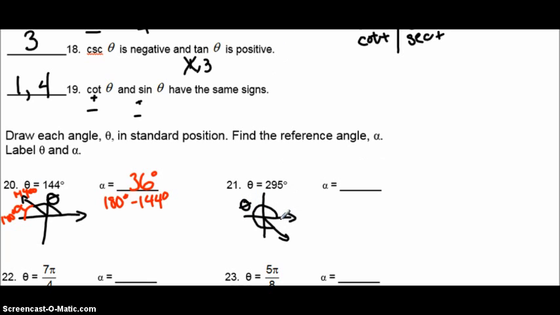And then the distance from our terminal side to the x-axis, the shortest distance, is our alpha. So this was 295 degrees. This was 360 degrees. 360 minus 295 is 65 degrees.